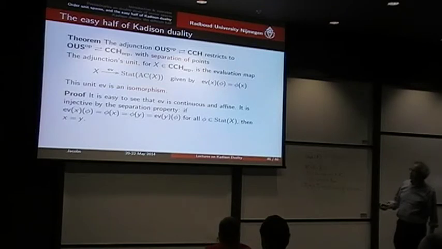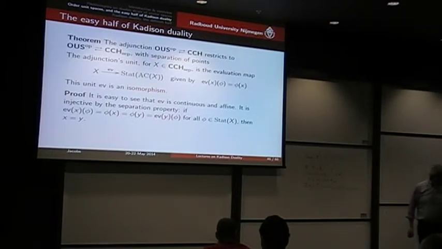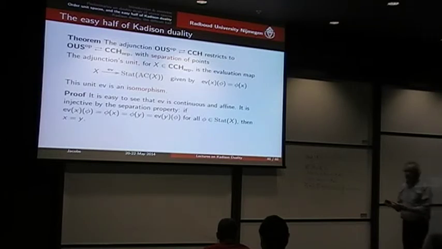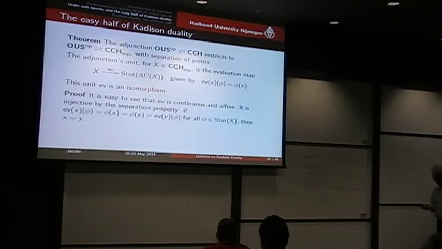Because if evaluation of x on phi, which is phi of x, is phi of y, is evaluation of y on phi for all phi, I need to prove that x is y, but this is precisely this formulation of this separation condition. So the separation condition actually forces this unit to be injective.